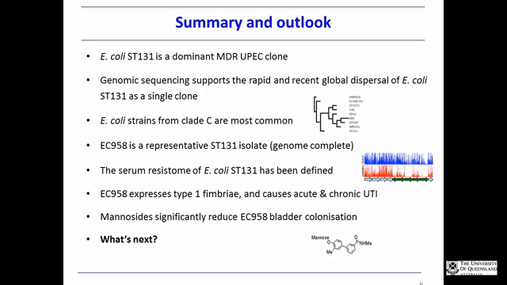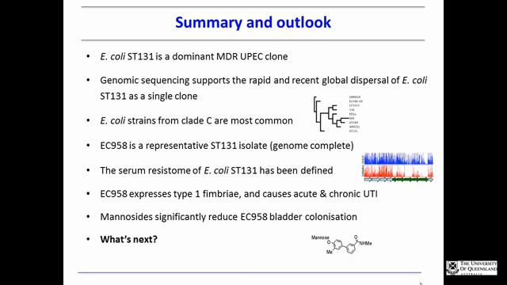EC958 is a representative strain. We've now completed its genome. I've shown you how we've been able to define the serum resistome of E. coli ST131 using TraDIS. I've shown you that EC958 expresses type 1 fimbriae and it causes acute and chronic UTI. And I've shown you evidence that mannosides can significantly reduce colonisation of the bladder by this strain.